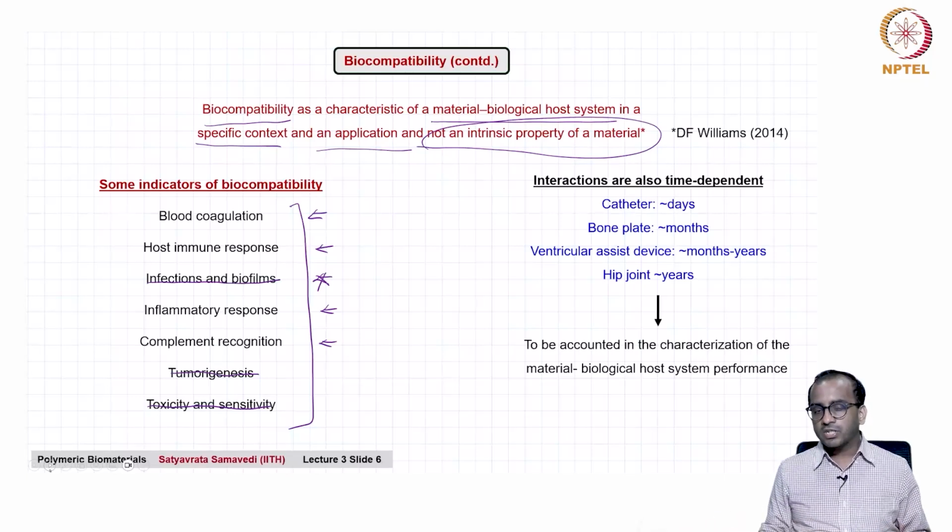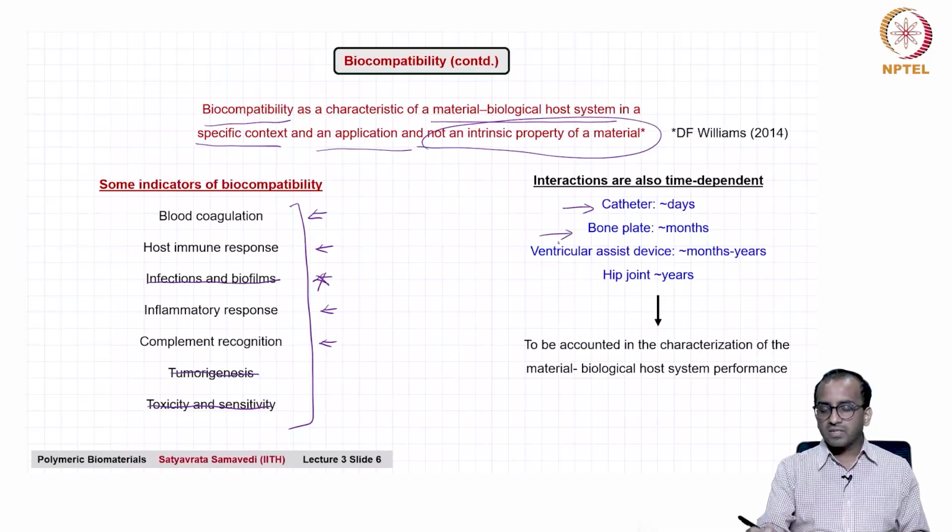The period of interaction depends very much upon the specific context and the application. For example, you can have a catheter, you are thinking of days to weeks, depending upon why you are using a catheter. For example, if you have had a surgery where you are going to be immobilized for a long period of time in the bed, this is one reason to put a catheter.